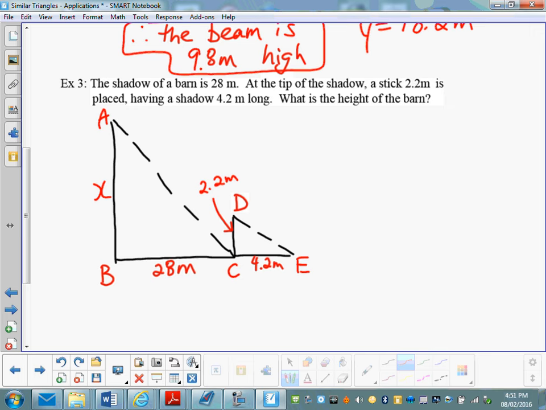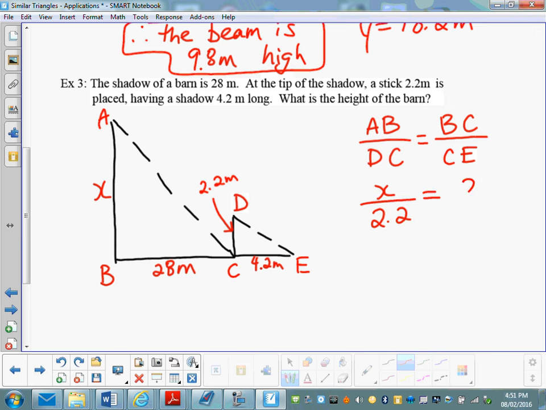So this one sets up similar to our other question. So in this case, we're going to have AB over DC, and we're going to have BC over CE. And when we plug those in, AB is X, DC is 2.2, BC is 28, and CE is 4.2.